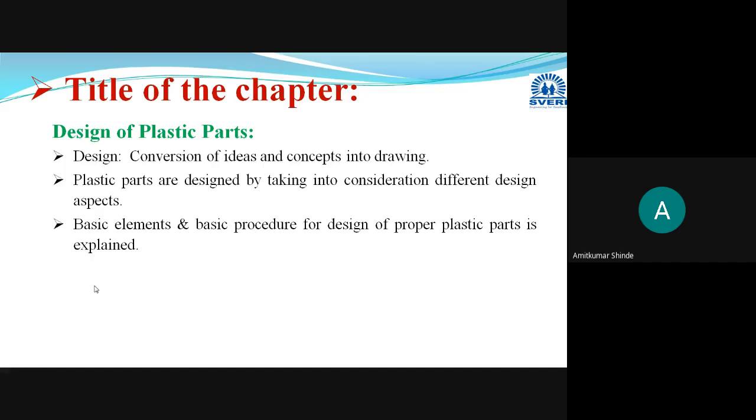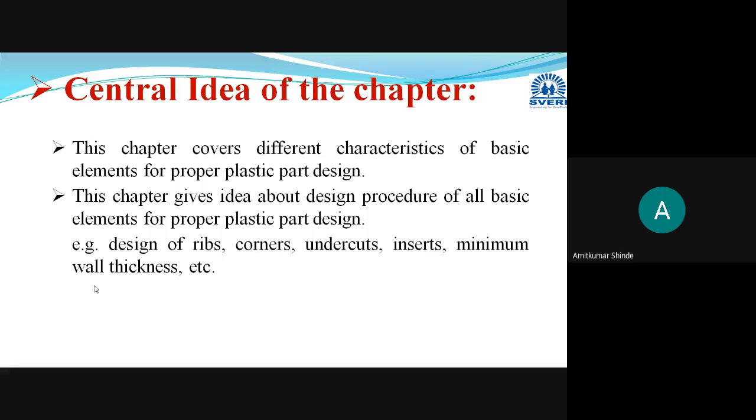And suppose you want to give the design for a rib, some standard considerations are there related to the dimensions of the ribs, then the dimensions of the corners. Some radius you have to provide instead of sharp edges, and how much that radius should be depends on the design. For that, some standard procedures and standard dimensions are there, that we are going to discuss in this design of the plastic parts.